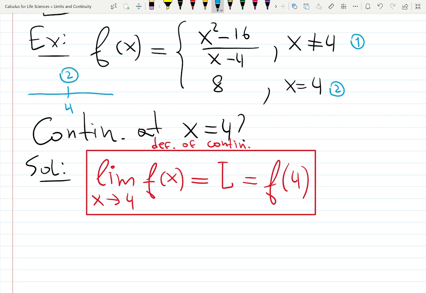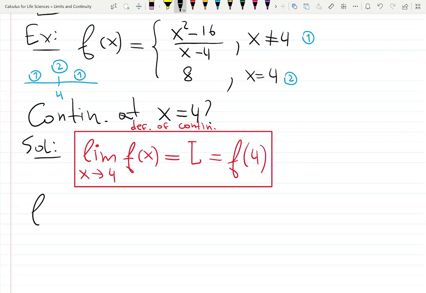When x is not 4, which means on the left from 4 and on the right from 4, we're going to be using equation number 1, which is a fraction. So let's find the limit. Let's break it down into 2 steps. Step 1 with parentheses, and then step 2.